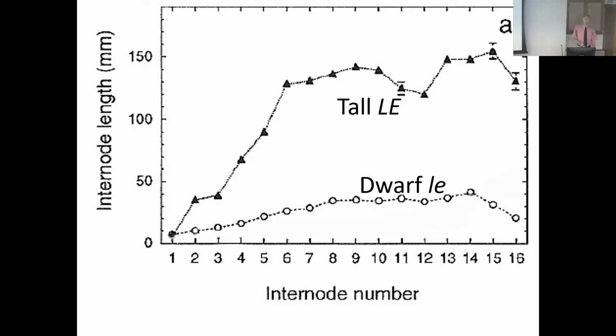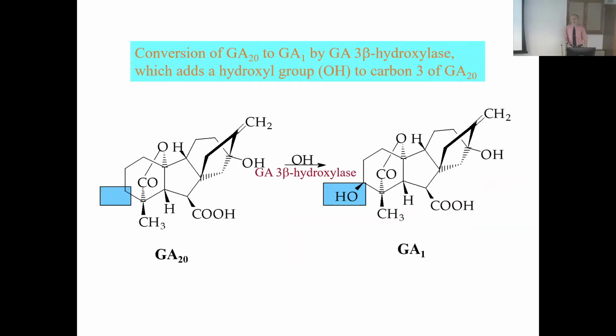Well, what my colleagues and I discovered way back, we're talking about the 1980s, is that the crucial difference is that dwarf plants have a very low content of gibberellin number 1. Tall plants have a high content of gibberellin number 1.